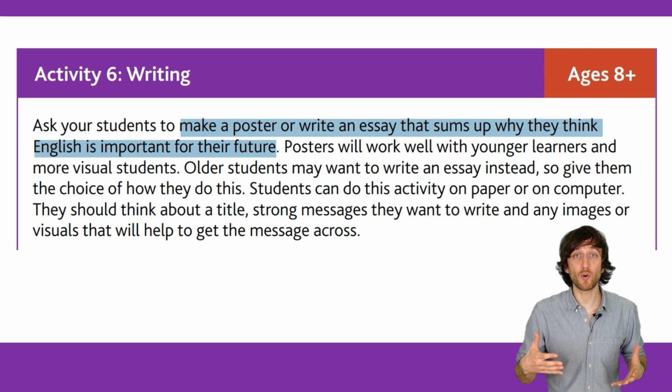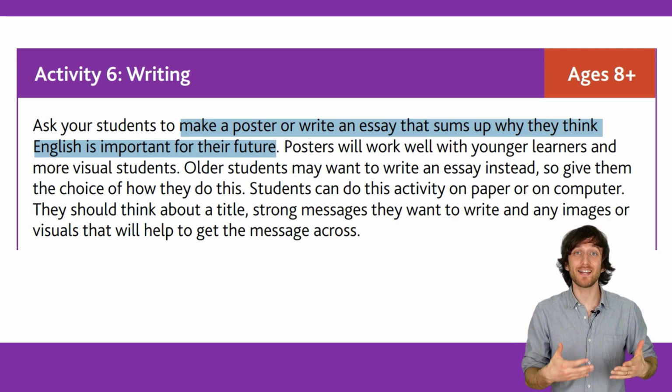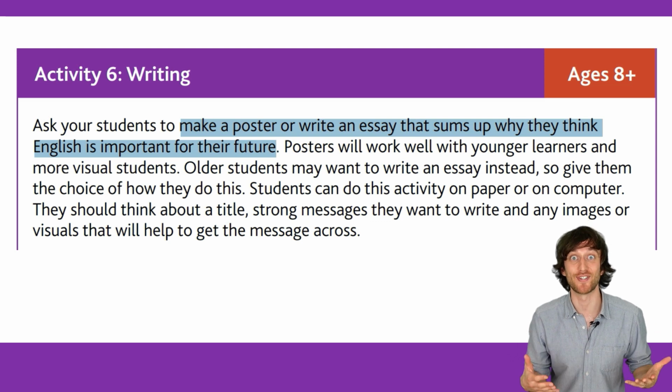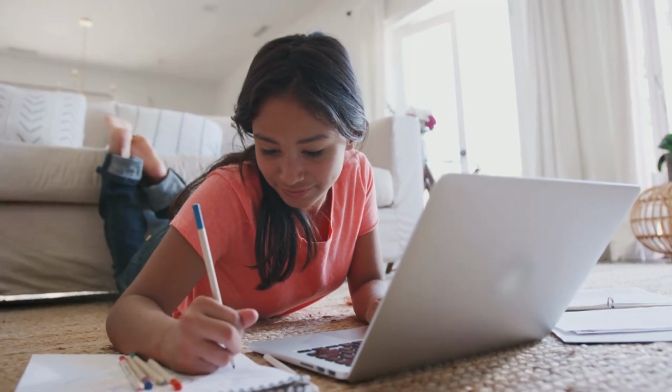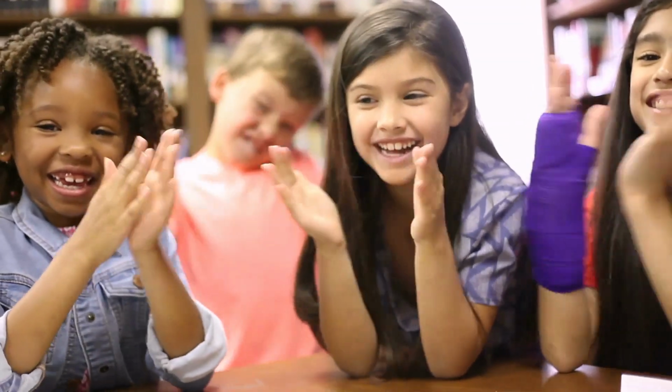Then they make a poster or write an essay which sums up why they think English is important for their future. And finally, students can organize an exhibition for other students or parents, displaying their posters and essays.